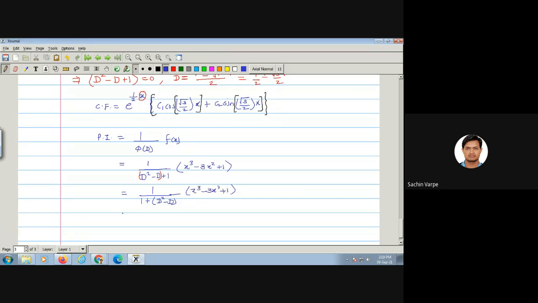And now expand this: 1 minus p plus p square minus p cube plus and so on, and that is operated on x cube minus 3x square plus 1.